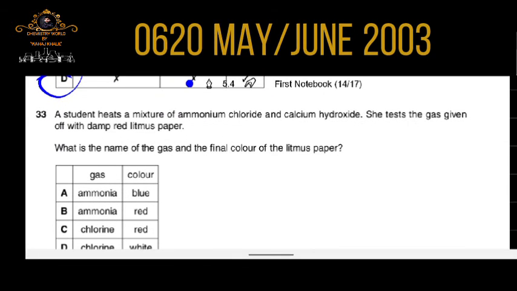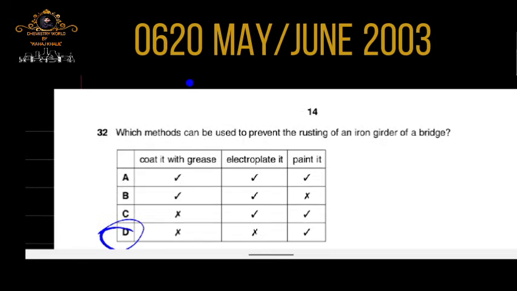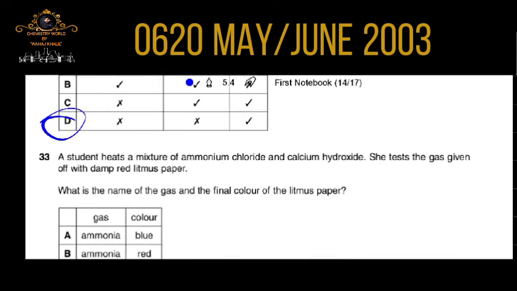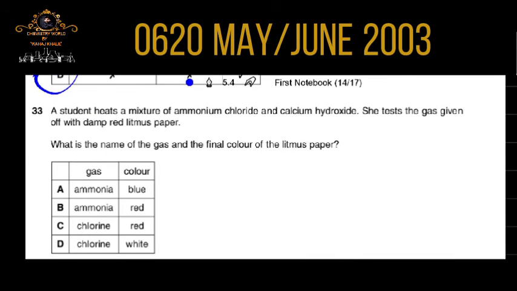A student heats a mixture of ammonium chloride NH4Cl and calcium hydroxide Ca(OH)2. She tests the gas given off with damp red litmus paper.